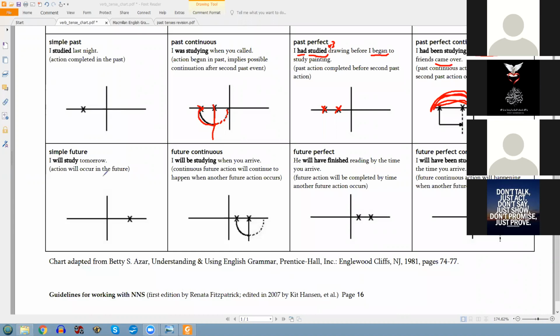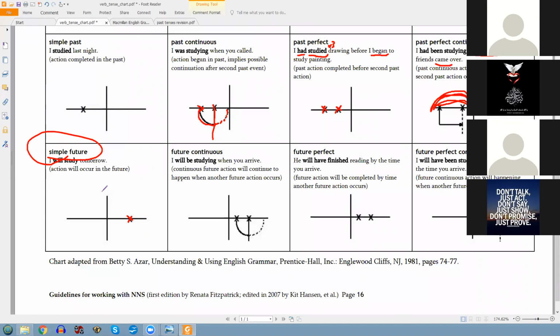So let's have a quick run through of the future forms. These are pretty easy. So who wants to tell me about future simple? If you look at the chart, it's obvious. Well, it's what we anticipate.